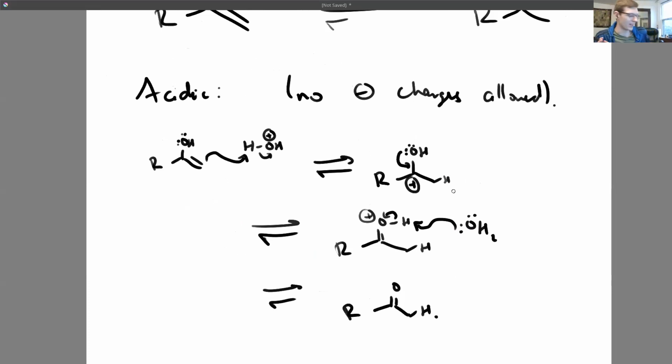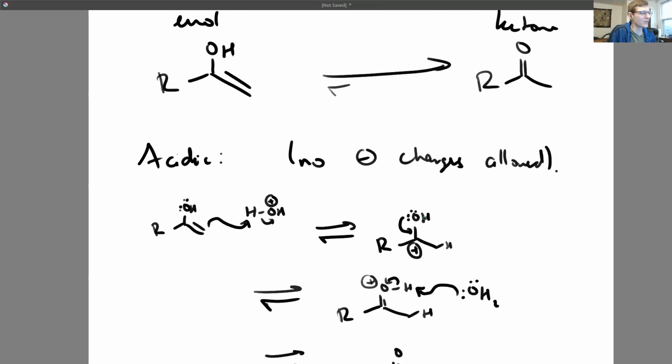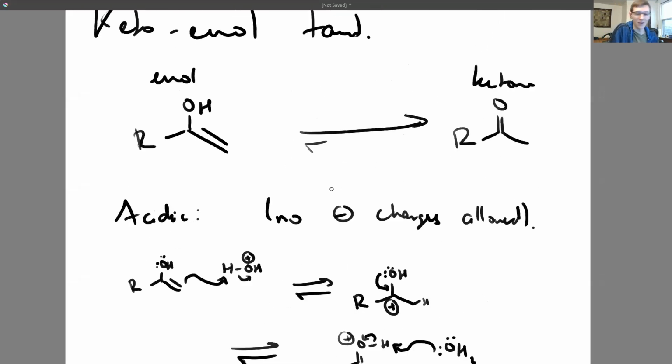Although you might be thinking, okay, it shows up in these two reactions, oxymercuration and demercuration, and then hydroboration. It's two things, it's not going to show up very much more. Earlier I was saying how half of organic chemistry is about adding things to ketones. The other half of organic chemistry is about this keto-enol tautomerization, in some vague sense.